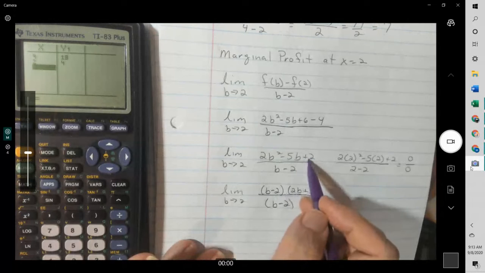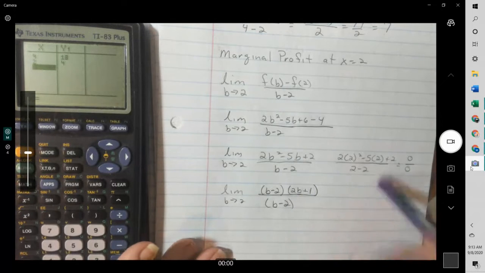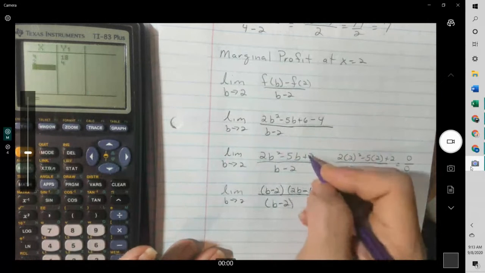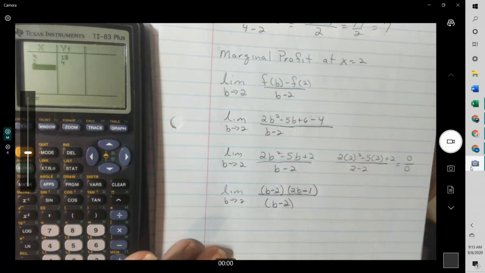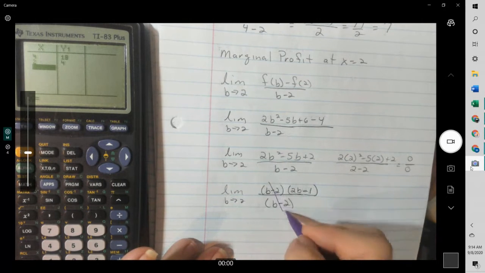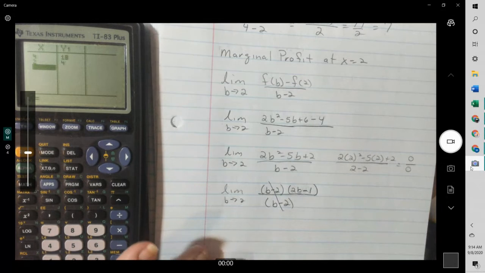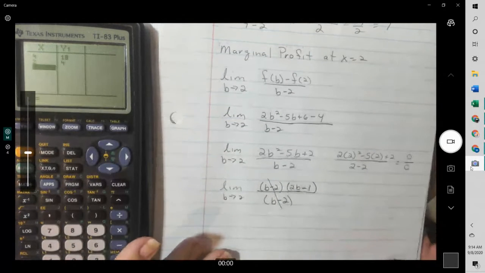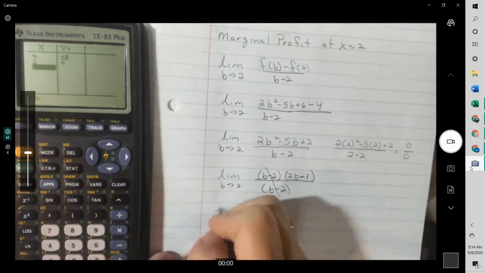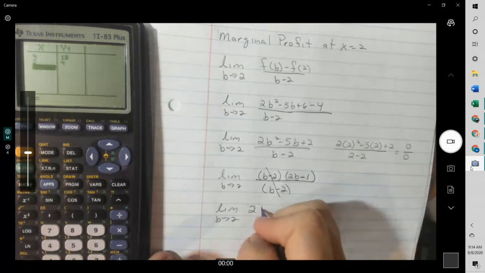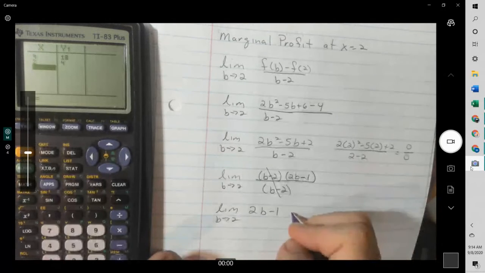1 times a negative 2 is negative. Did I put a plus? Should be a minus. Negative and a negative, we need a positive 2. So then these cancel, and we're left with the limit as b approaches 2 of 2b minus 1.